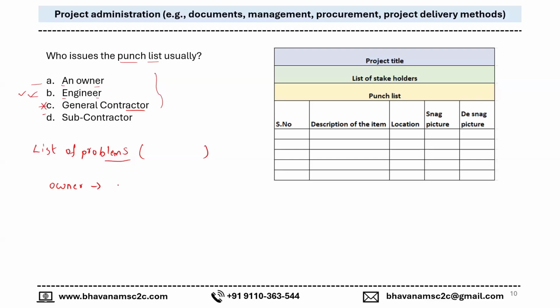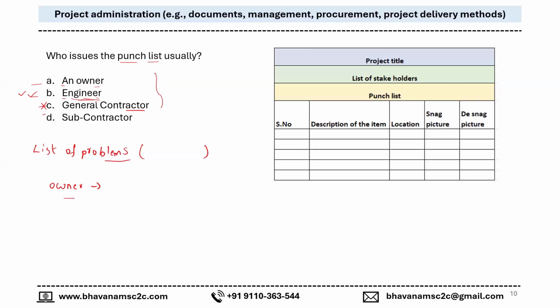A contractor can make many mistakes, like misleading the owner by saying that the quality of material being used is good, but the owner does not know the quality of material or the quality standards followed by a contractor. That is the reason he is hiring an engineer. And owners generally don't issue a list of problems to a contractor. It is generally issued by the engineer.